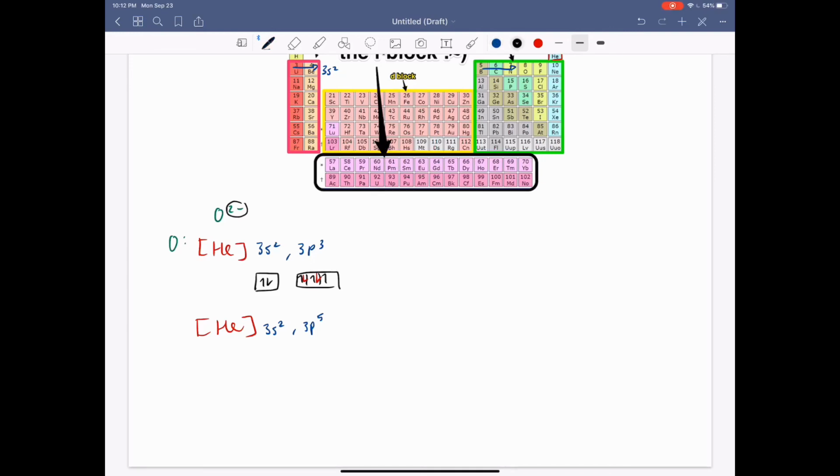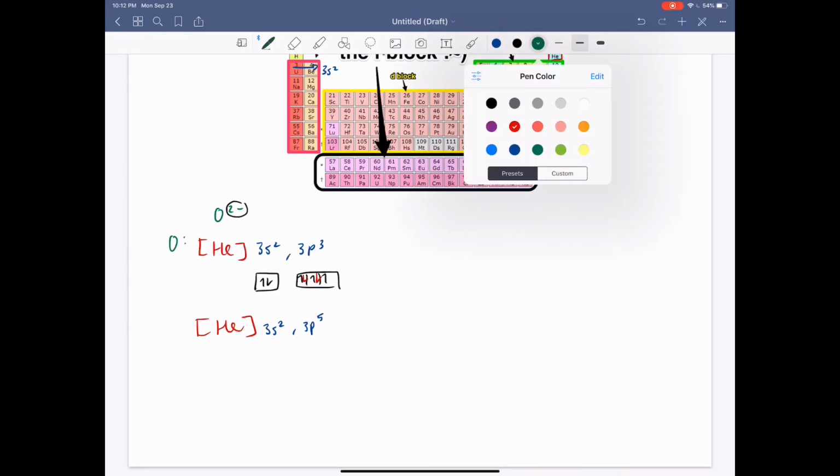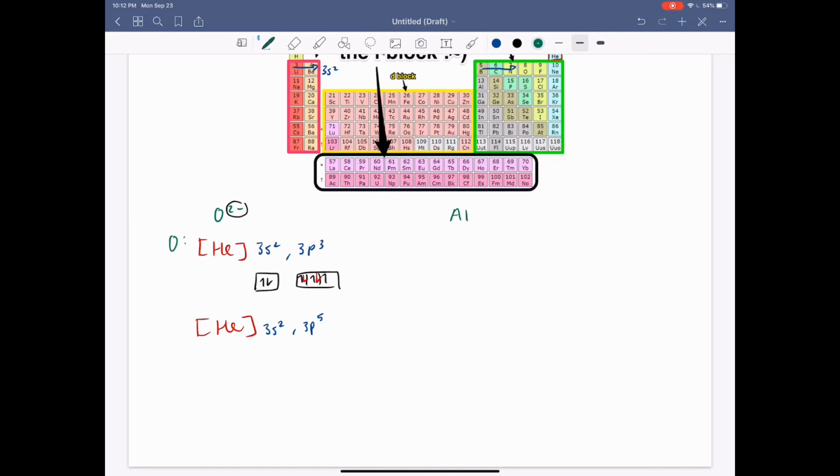With aluminum, same idea. If it helps, you can always write the configuration of the neutral atom, the non-charged atom. If it helps, go for it. If you think you got used to it, you don't need to do it. But for visual purposes, if we look at aluminum, the nearest noble gas is neon, which is 3.